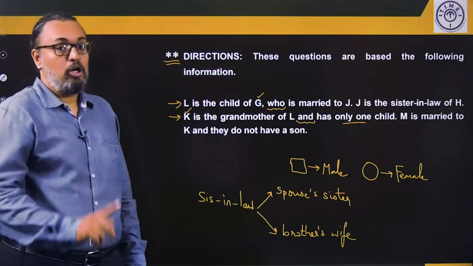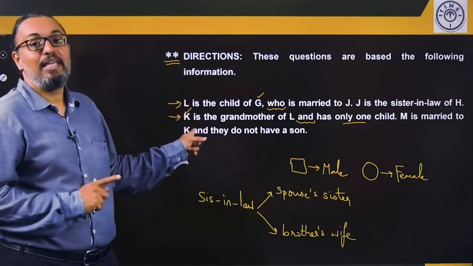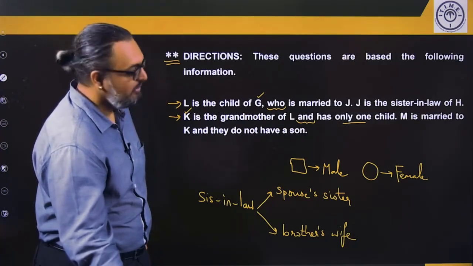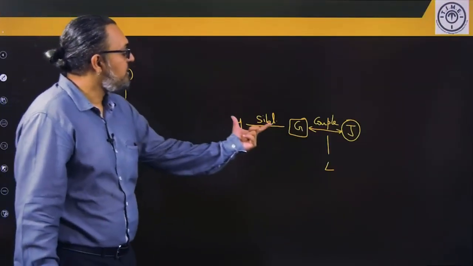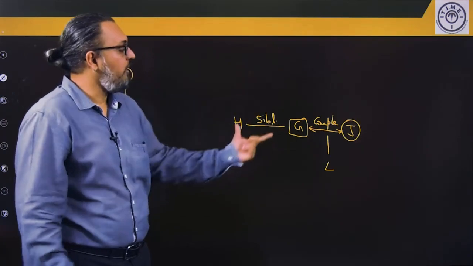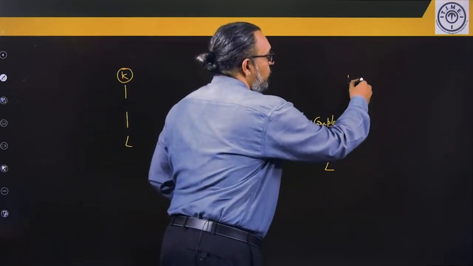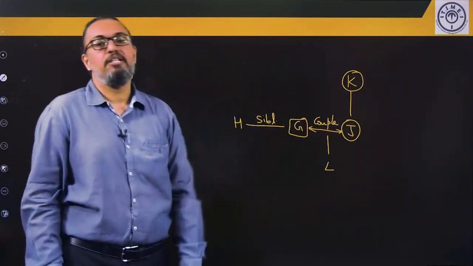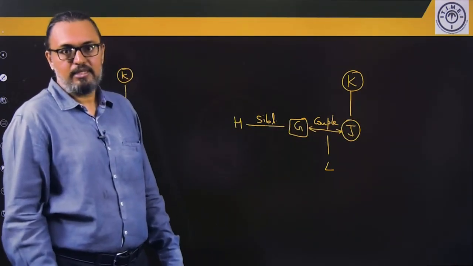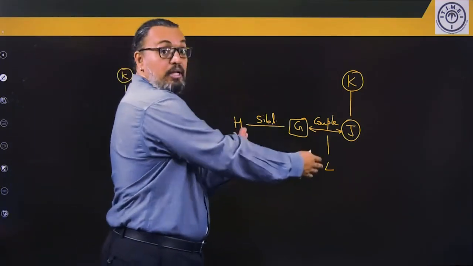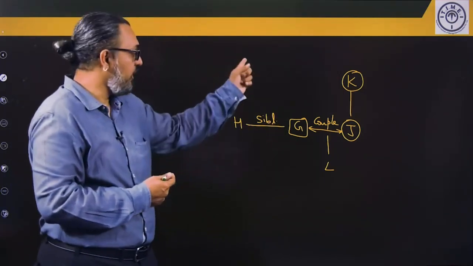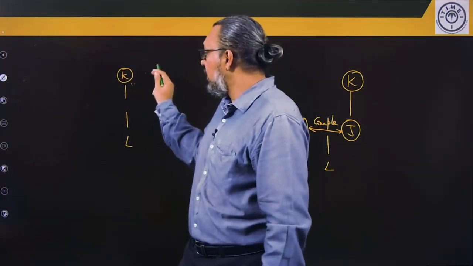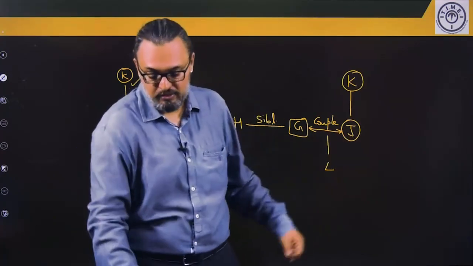So maybe a son or a daughter, only one child you should have for K. If only one child you need to have for K, obviously in this scenario I cannot give K here. So I will definitely give K here only, mother's mother as grandmother, because right now J is the only child. Understanding the point? Because H has a brother, there are 2 children. If I give K here, K will have 2 children, only child cannot happen. So this for now we have fixed there, okay.